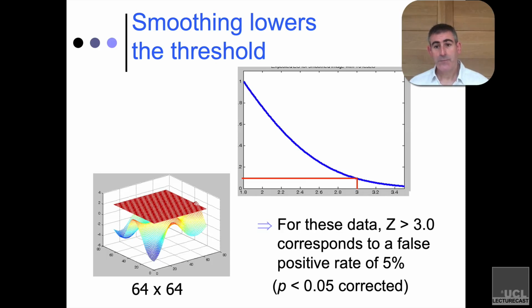Why? Because increasing the smoothing decreases the number of resolution elements. That is to say, each of the resolution elements, the resels, is larger because there's more smoothing, which means there are fewer of them in the whole volume. So one of the ways to decrease the statistical threshold you need is to increase the smoothing that you apply to your data.